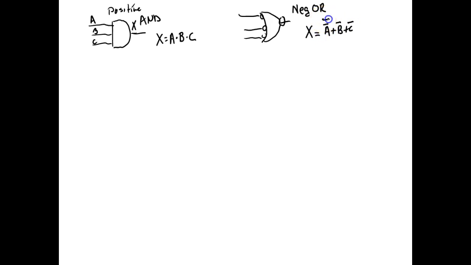And then we put a bar across the whole thing if the output is low active. Right? Everybody okay? And an AND has to have at least 2 inputs, 2 or more, right?